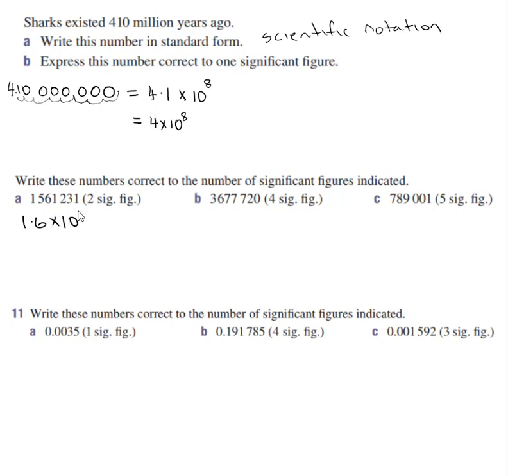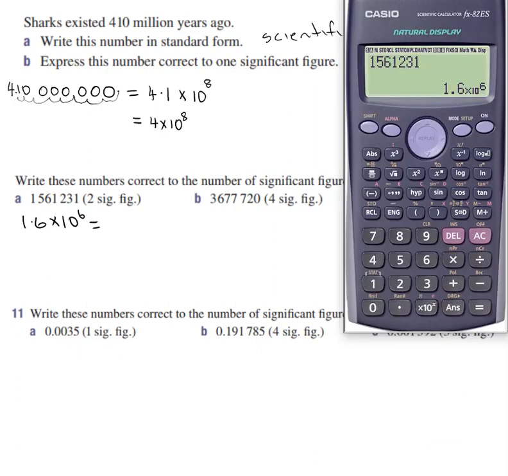Now I'm not going to do all of these because they're fairly straightforward. But let's just do one of the ones with the negative powers. Okay, let's do this one here: 0.0035 to one significant figure. I'm going to type 0.0035.